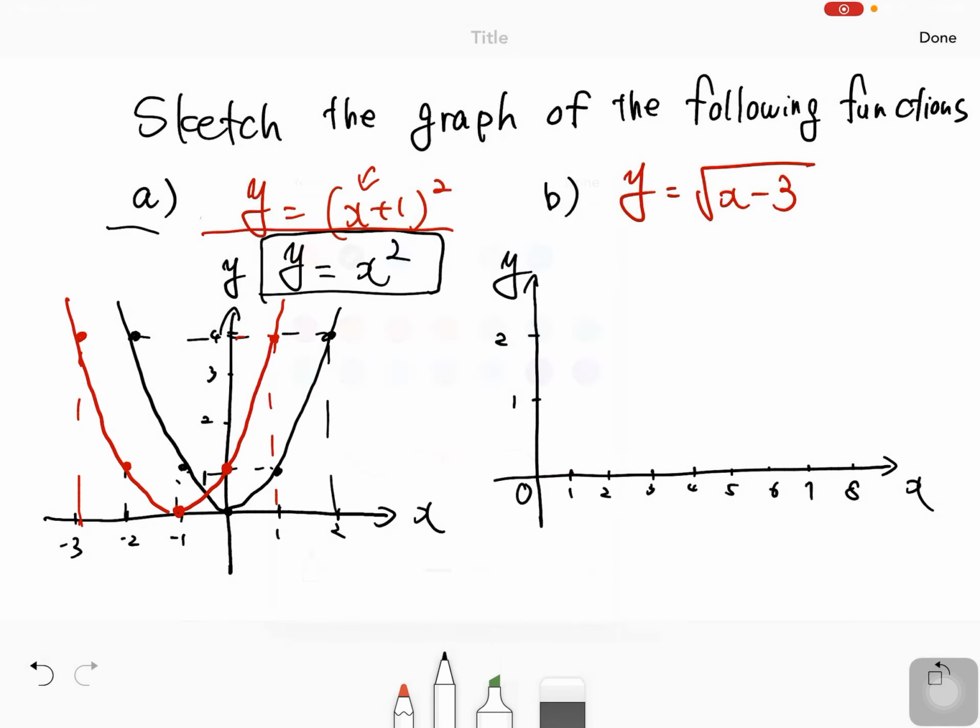You know what happened? What happened compared with y equals x squared and y equals (x plus 1) squared? It just shifts left 1 from the graph of y equals x squared.